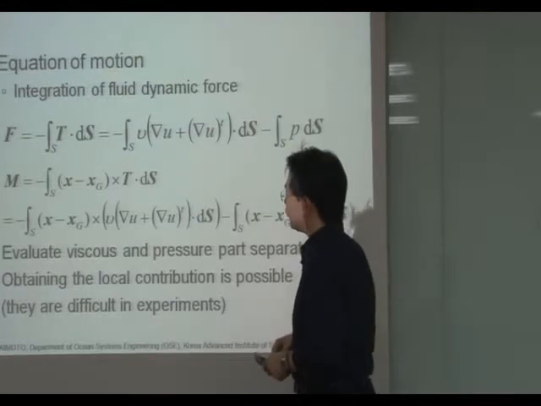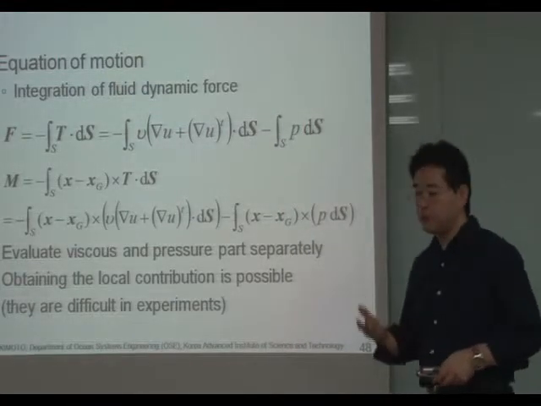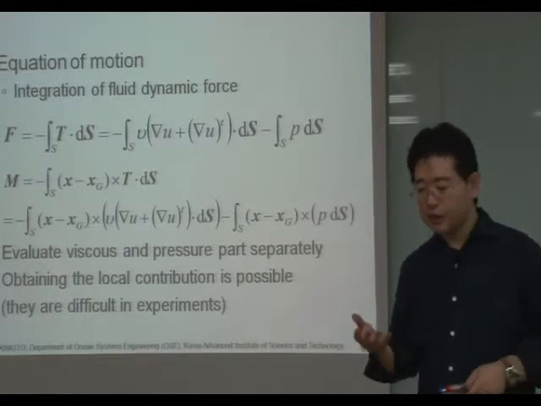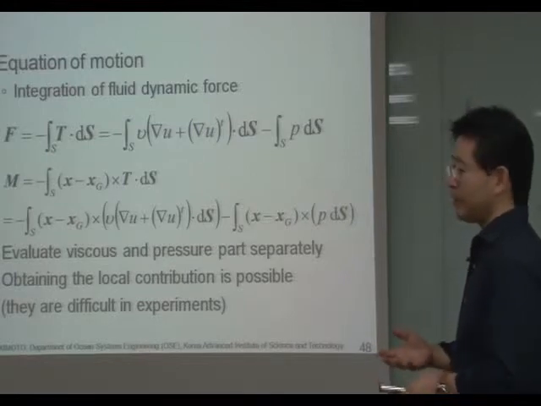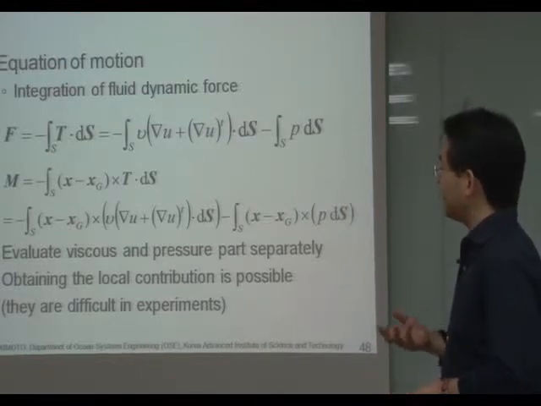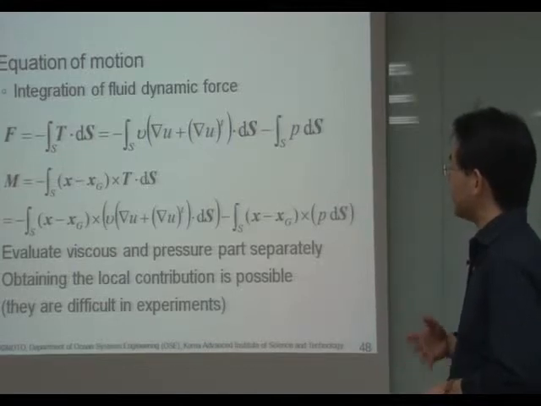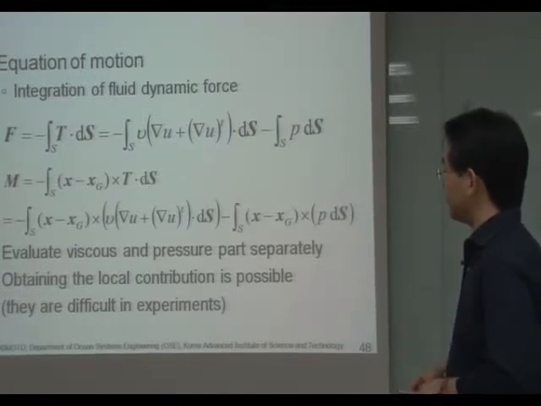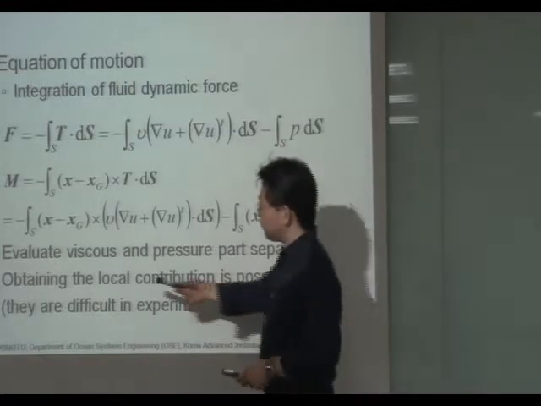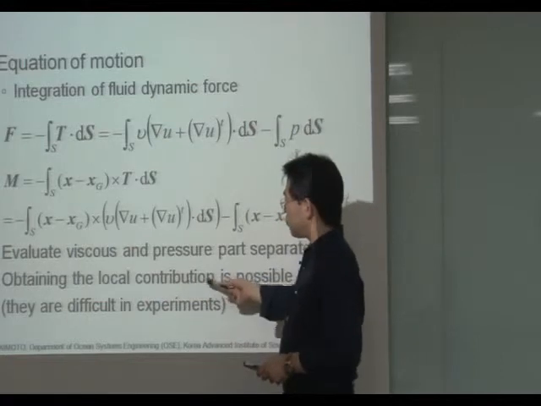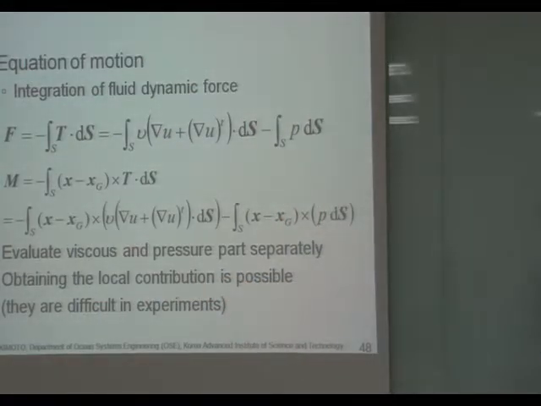But in the numerical simulation, we can get pressure distribution and its contribution, and also viscous contribution separately. It is very good information to understand the fluid situation. Also, it will provide local contribution.